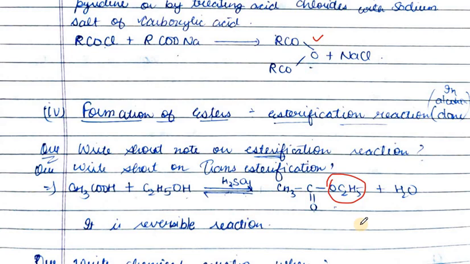So what is the esterification reaction? We have also done it in alcohols. It is when carboxylic acids react with alcohols in the presence of acid, we get ester.